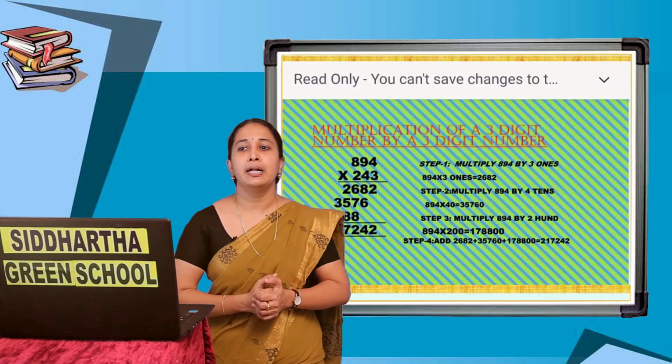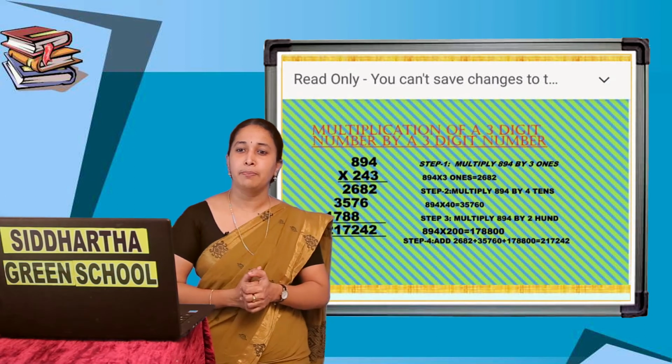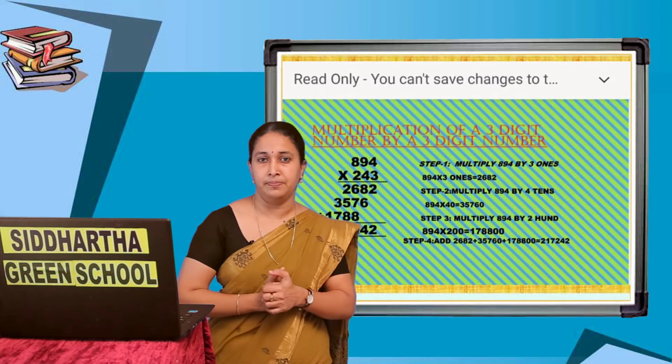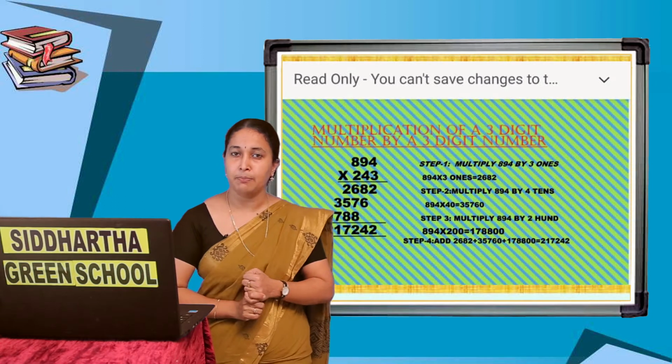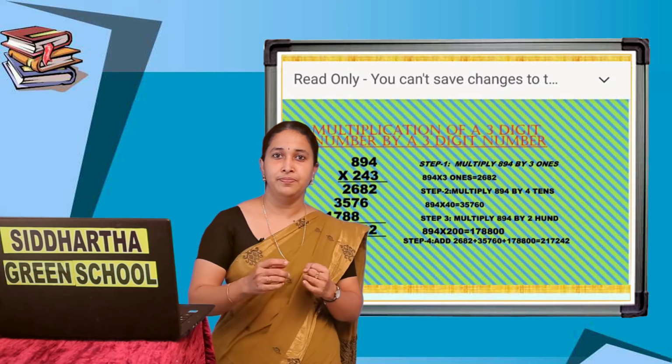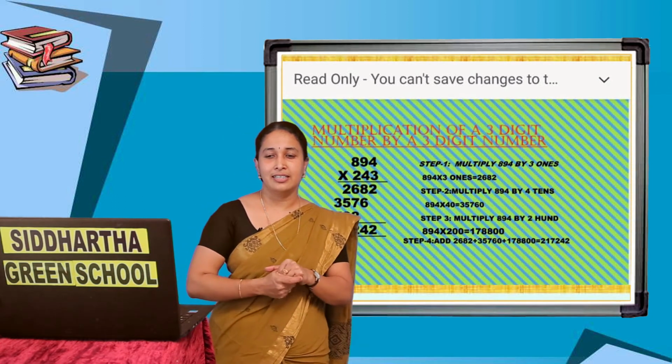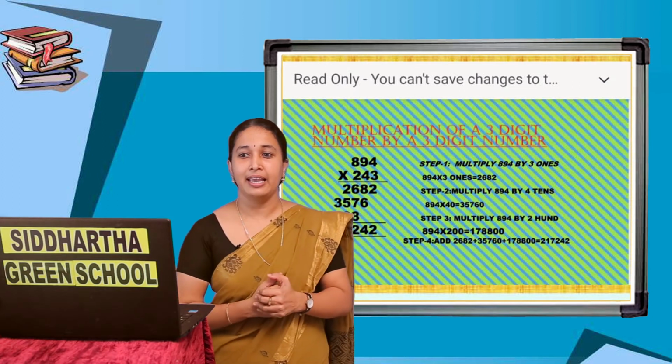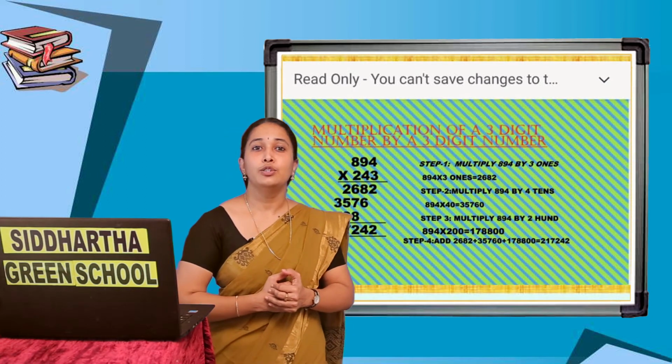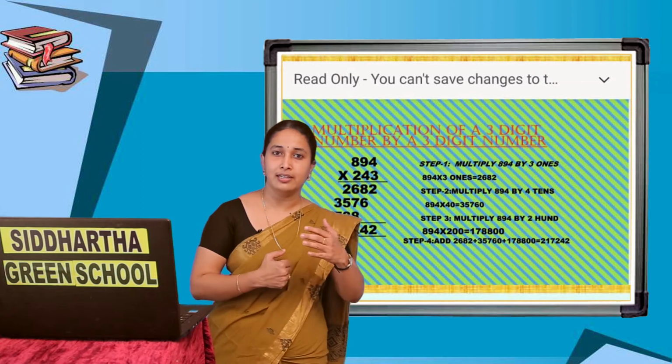The next is multiplication of a 3-digit number by a 3-digit number. Here we are going to multiply 894 by 243. Both are 3-digit numbers.